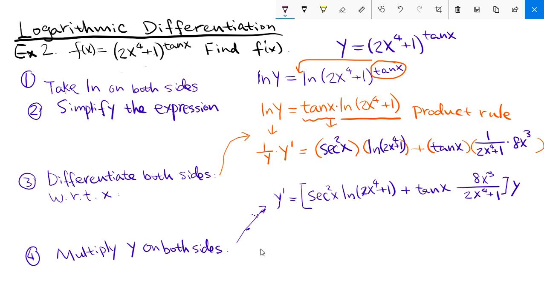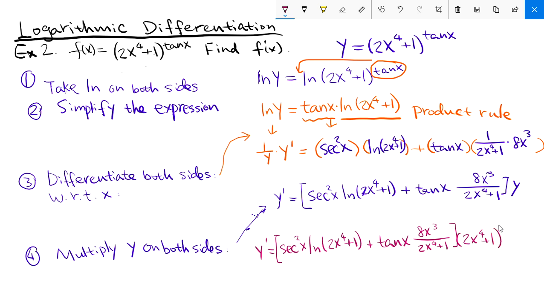So the final answer for y prime, let me copy down this whole thing: it's still secant square x times natural log of 2x to the fourth plus 1, this doesn't change at all, plus tangent x times 8x to the third over 2x to the fourth plus 1, and then multiply by y, which is 2x to the fourth plus 1, then to the power of tangent x. That's our answer for this problem.